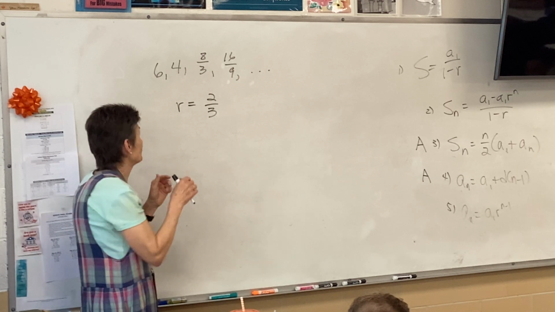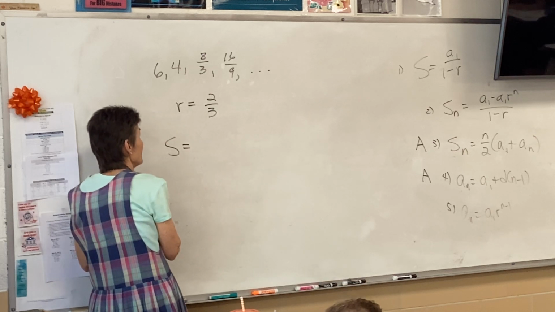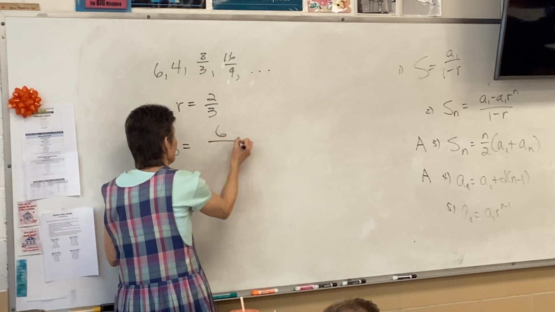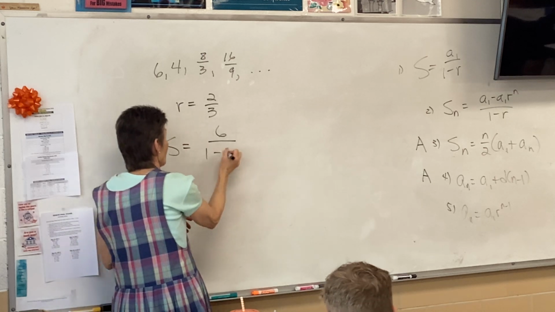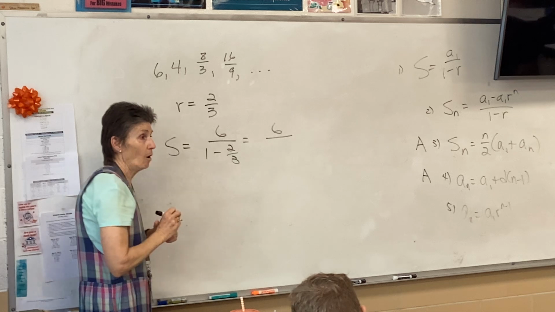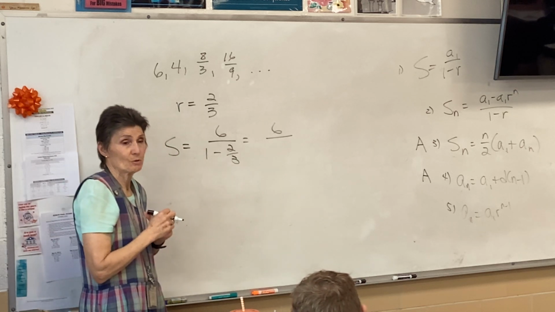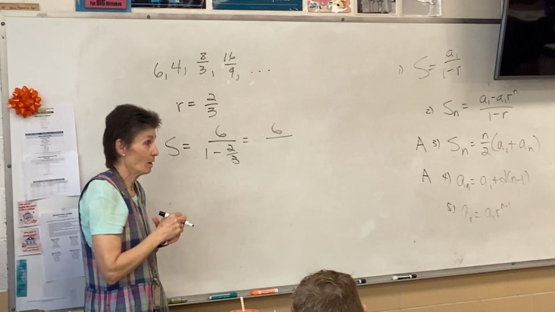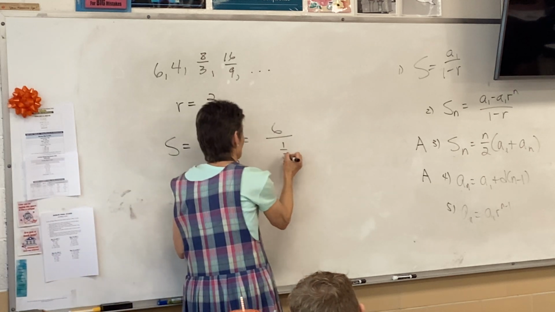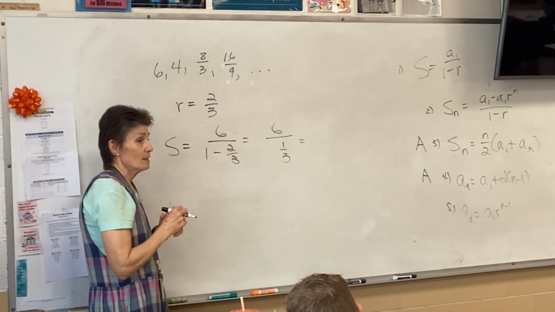All right? Now, use our formula. The sum is going to be the first term divided by 1 minus the ratio. Always figure out your denominator. What's 1 minus 2/3? 1/3. And then 6 divided by 1/3.